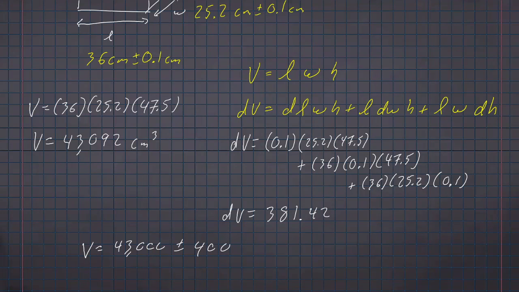Very often we round to one significant digit, we say. Plus or minus 381.42 is correct, but really plus or minus 400 gets the job done and is easier to work with.